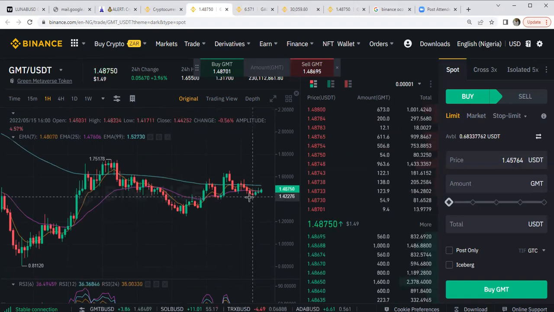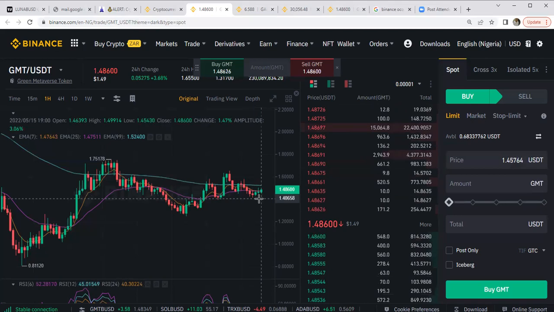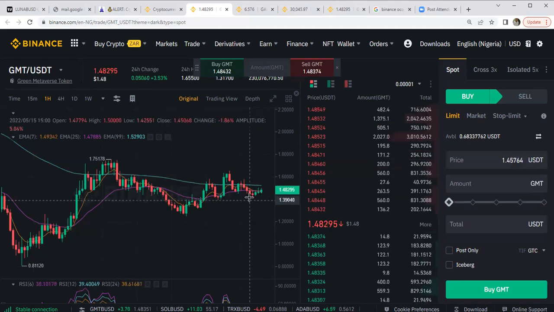The support is 1.41, and the price currently is at 1.48. Right now, the time is just 7:21, that is 21 minutes after 7, within the 1 hour.